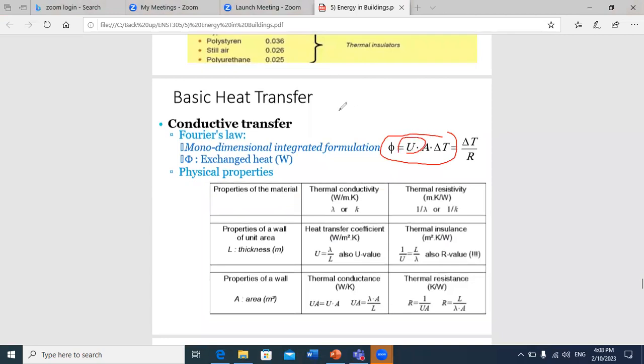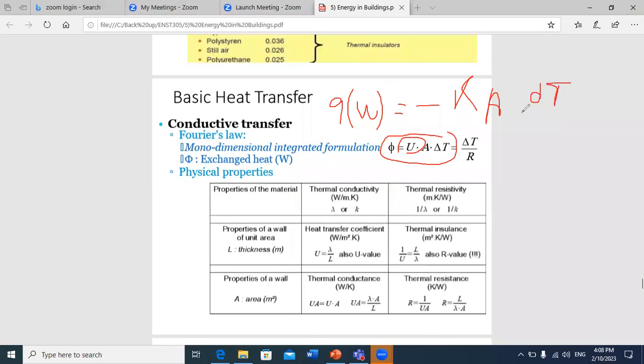Okay, so as we have seen already, for conduction, Q double prime is minus K dT by dx. If we want to get Q, which is in watt, we multiply by meter square. So Q is minus K times A, times the area, times dT by dx.